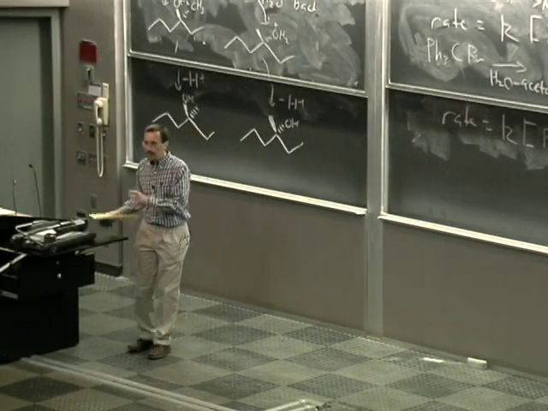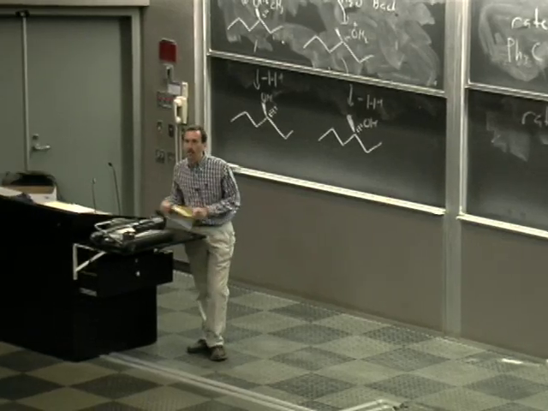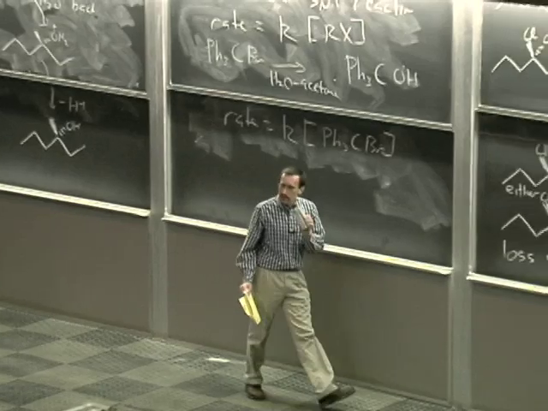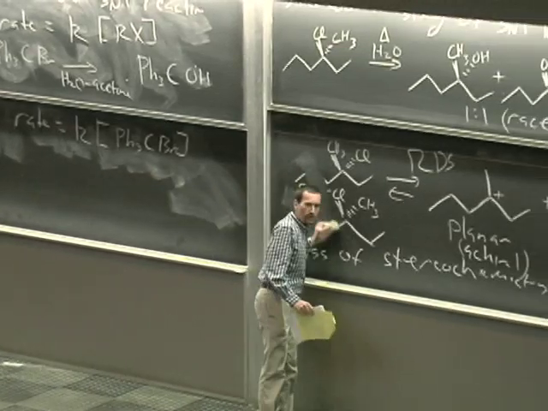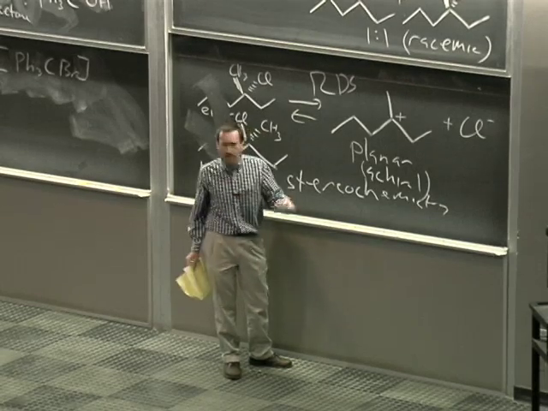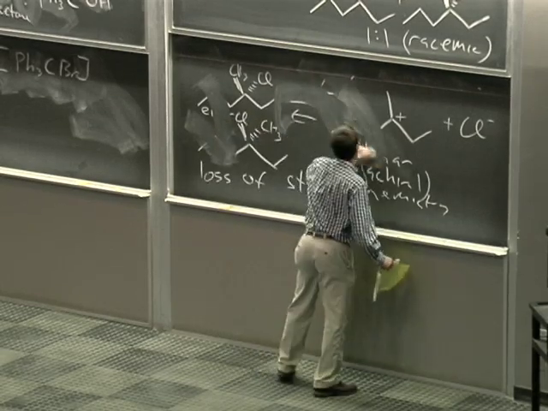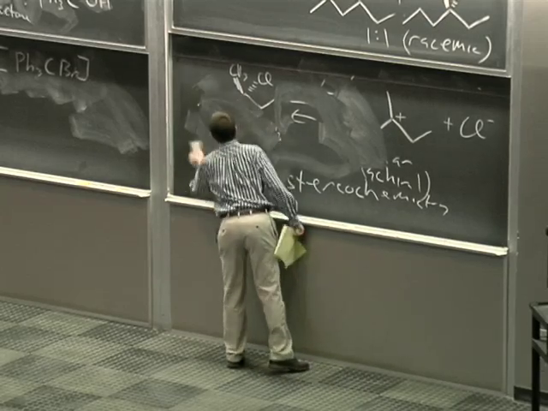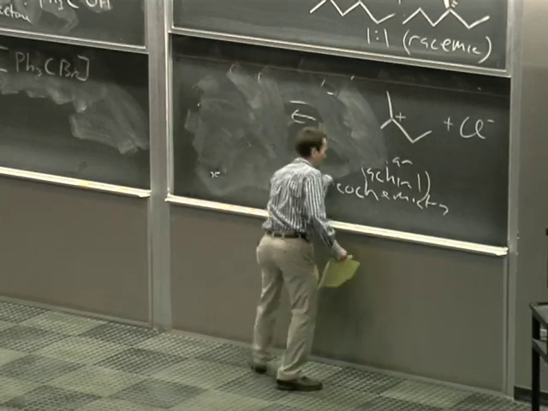Now, let us imagine a number of different situations that might come up. And this is going to lead us into our discussion for the last lecture of the quality of various types of nucleophiles. So I'm going to write some data from an experiment that one could do in your laboratory course.